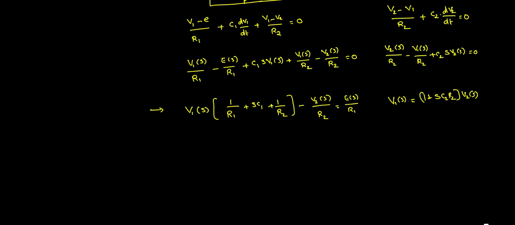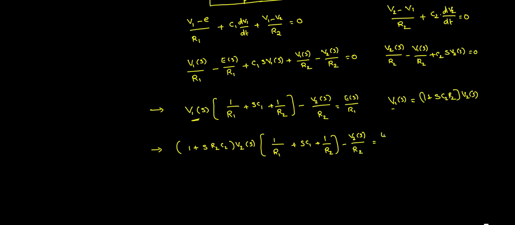So now let me substitute those values here. Substituting into the system, what will I get? (1 plus s C2 R2) into V2 of s, because whatever V1 is, I am just putting that V1 here, into 1 by R1 plus s C1 plus 1 by R2, minus V2 of s by R2 is equal to E of s by R1.